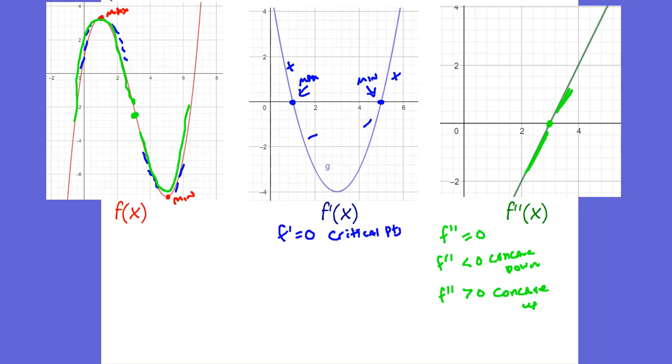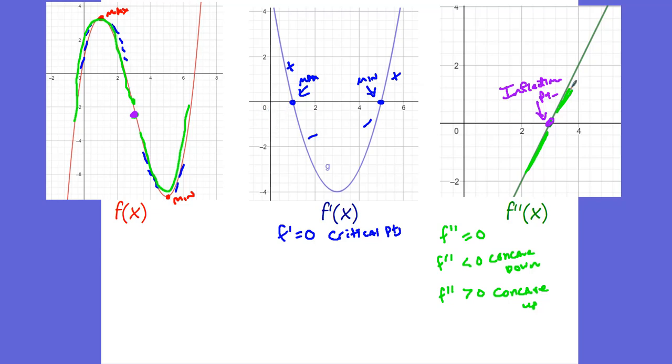Anytime that we switch from negative to positive or positive to negative, we have what's called an inflection point. You can see where it hits 0 is our inflection point. An inflection point is where a graph goes from concave down to concave up, or vice versa, concave up to concave down.